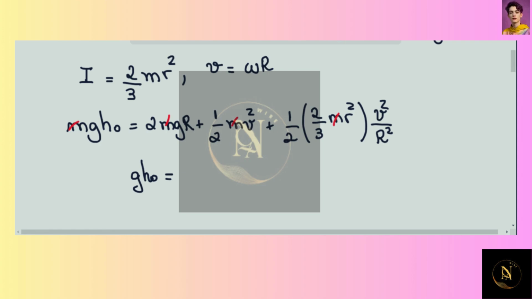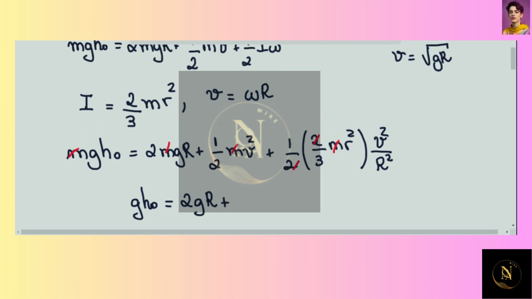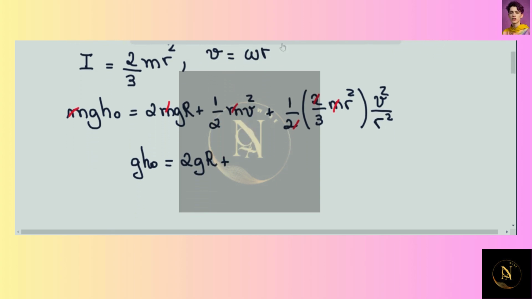So gh0 is 2gr plus, I'm sorry, up here, v should be equal to omega lowercase r, not omega capital R. I'm sorry for that. Okay, so the r's cancel out as well. So we have 1/2 of v squared plus 1/3 of v squared.